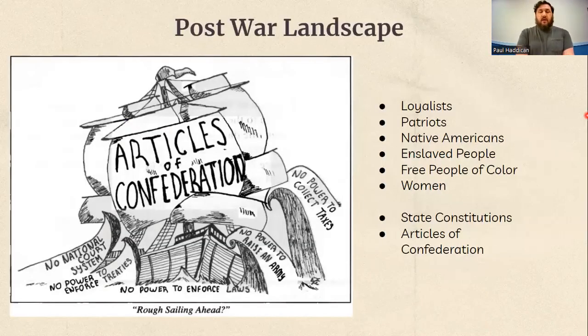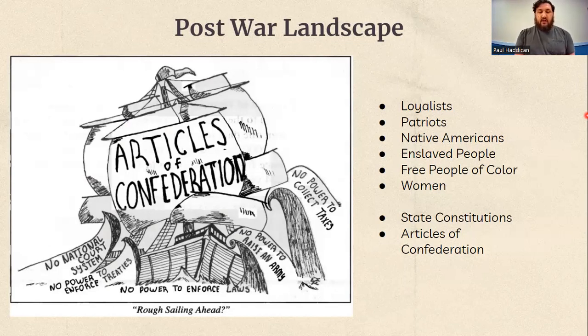We end up with this governing document based off of those principles that we just looked at, called the Articles of Confederation. The Articles of Confederation are not strong. But it's our first government document.